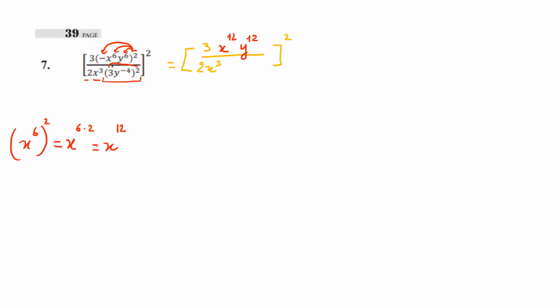Then the 2 will be distributed over 3 and over y. 3 squared is 9 times its product, and y to the -4 all squared, it's a product, y to the -8.